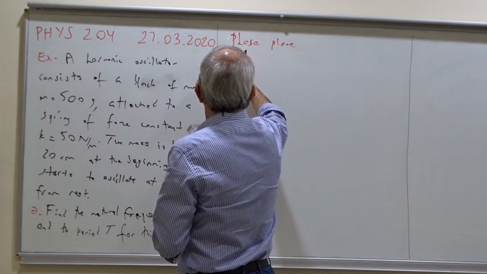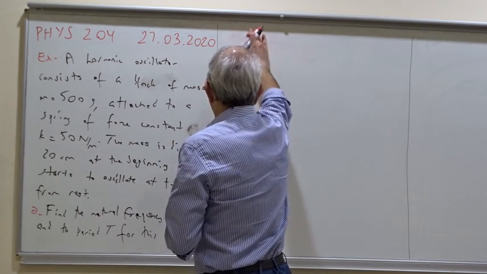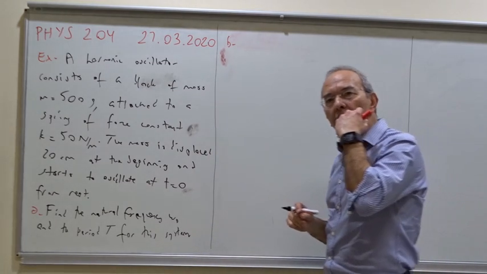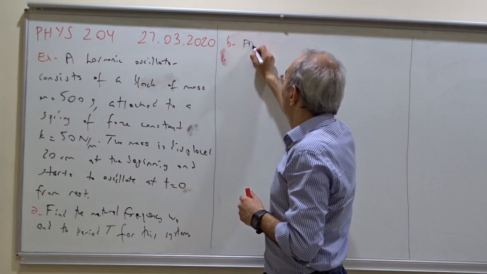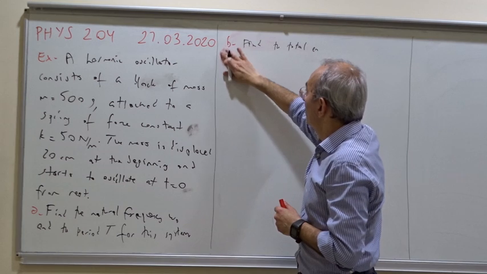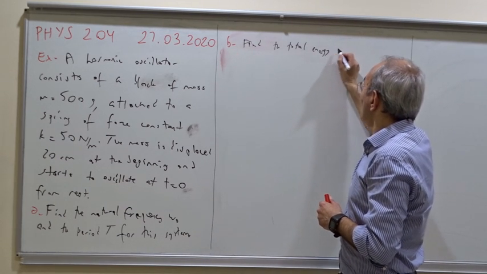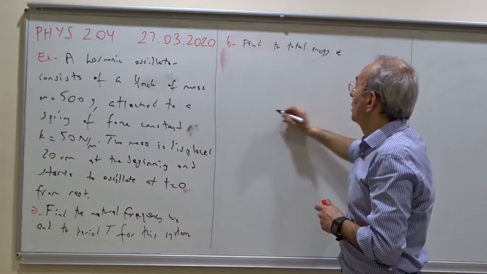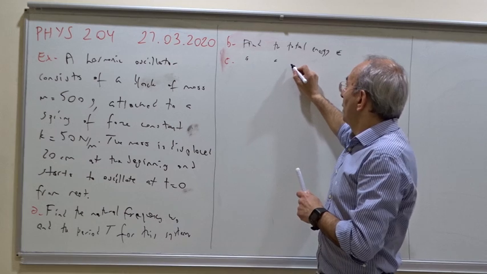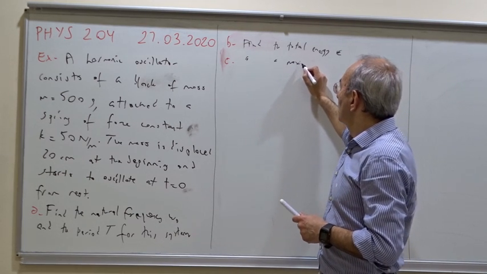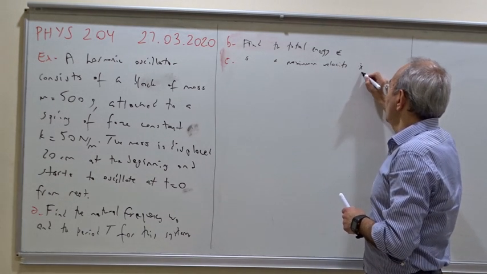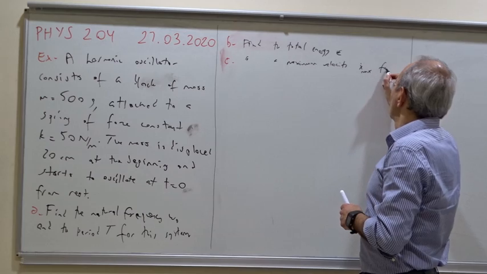Part C. Find the maximum velocity, x dot max, for the system.